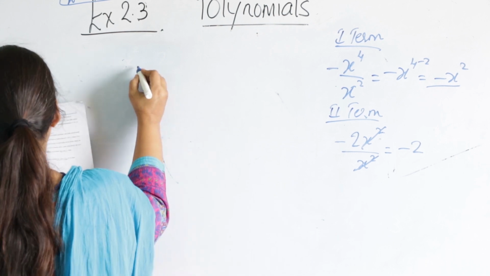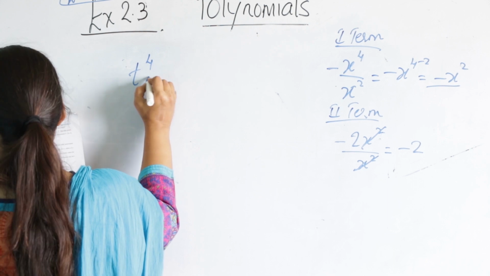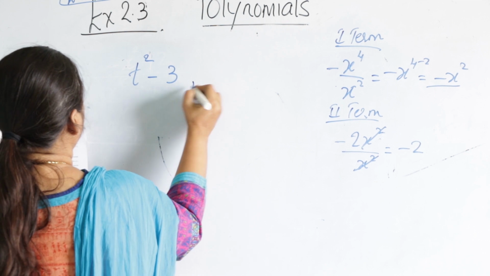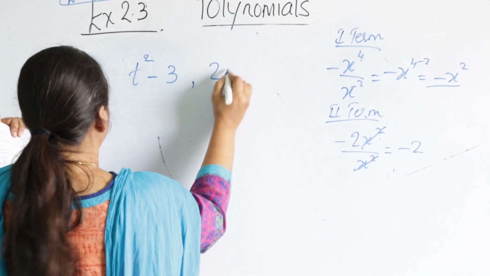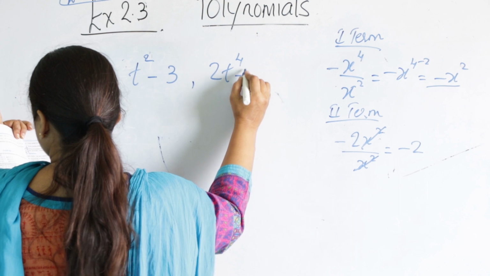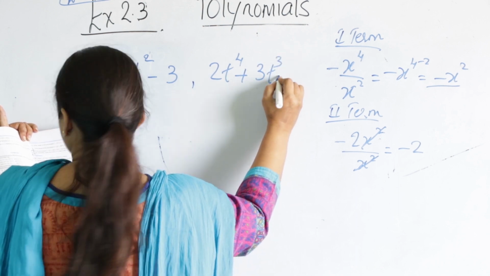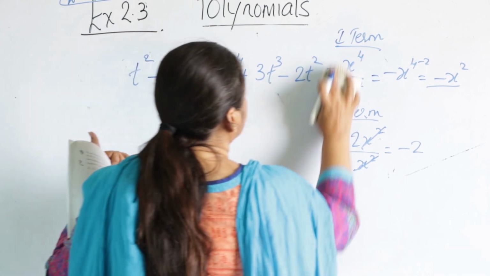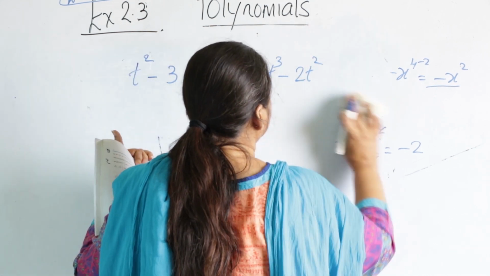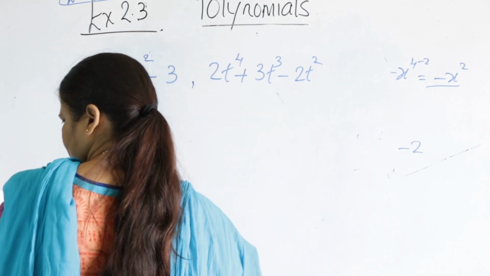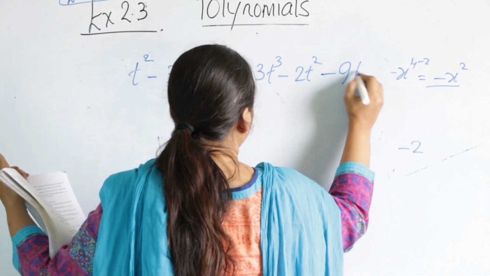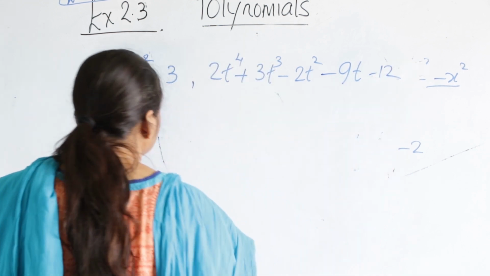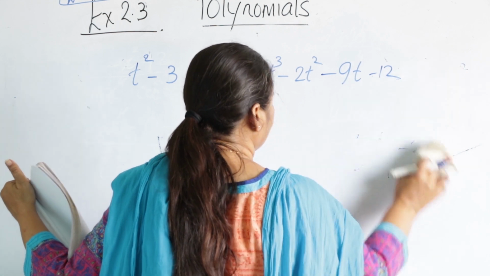See now in the second way, you have been given t raised to 2 minus 3 and the second polynomial given is 2t raised to 4 plus 3t cube minus 2t square minus 9t minus 12.